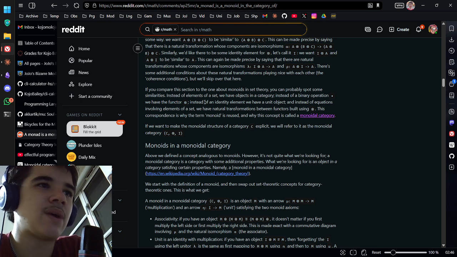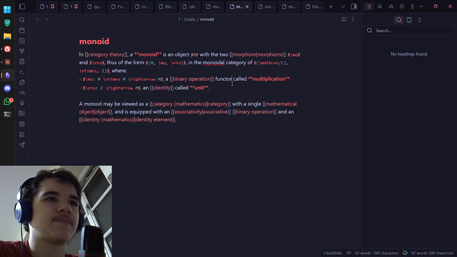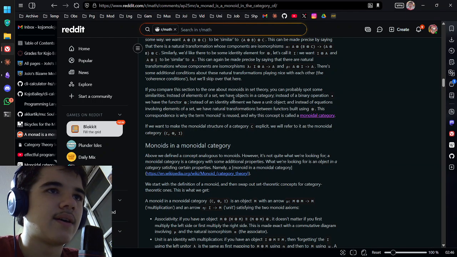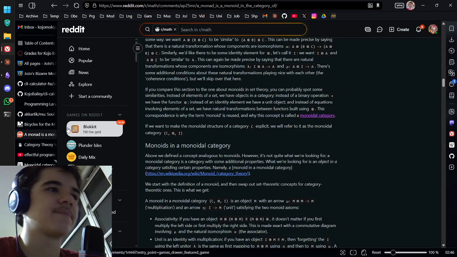Instead of the binary operation, we have the functor, which is multiplication. And instead of equations involving a set, we have natural transformations between functors built using this. This correspondence is why the term monoid is reused and why this concept is called a monoidal category.